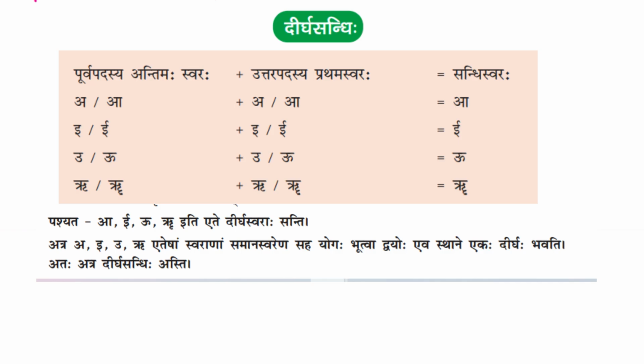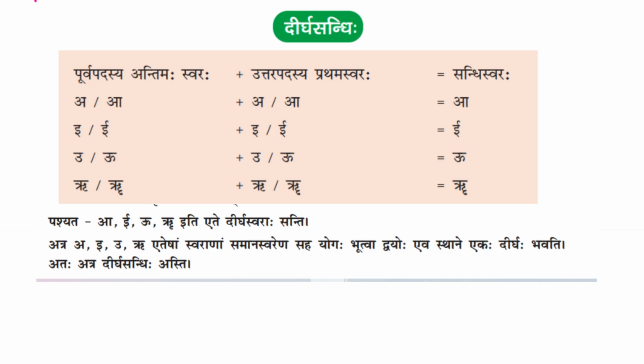When we add two swaras together, two similar swaras, we always get the longer one. A or Aa, short or long, we will get answer as long one. I also, short or long, whatever is the order, we will get Ii. U short or long, we will get Uu.